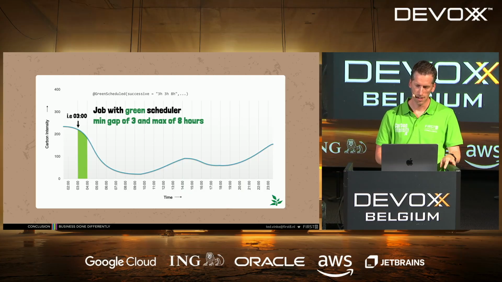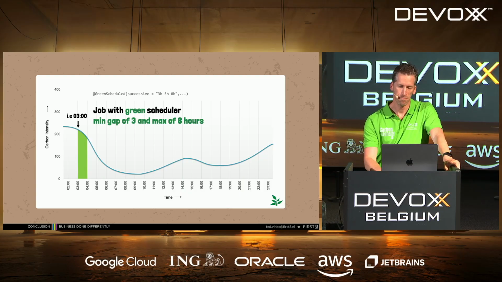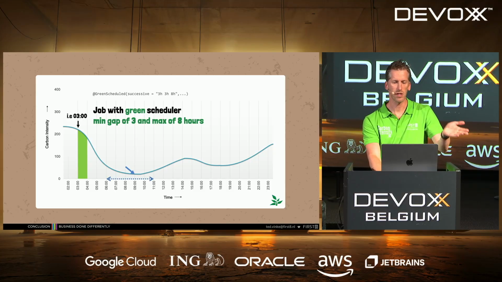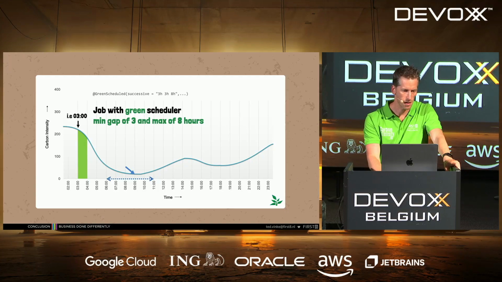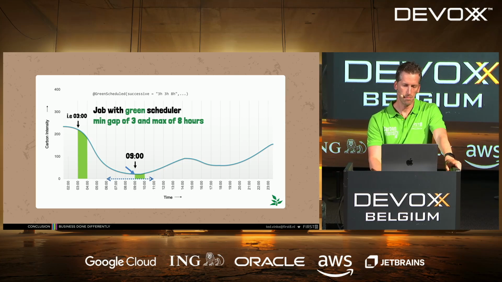Let's say at some point it already planned a run at 3 a.m., just as on the previous slide. Then it will look 3 to 8 hours ahead, and it finds a moment at 9 a.m. which has the lowest carbon intensity.